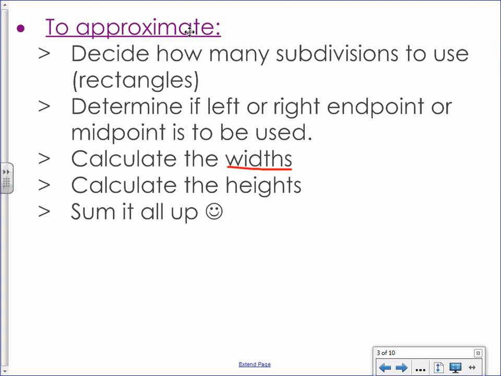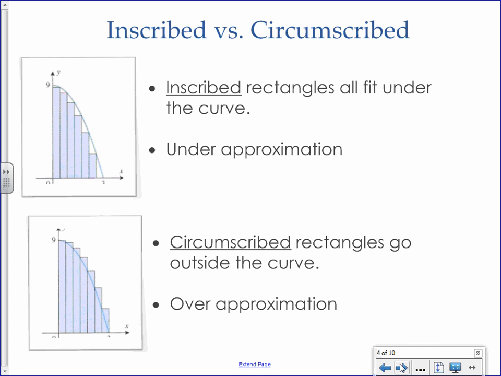So if we have rectangles that are inscribed, which means they're all inside of our curve, we're going to have an under approximation. If our curve is decreasing, then these are the right endpoints that are under approximating.